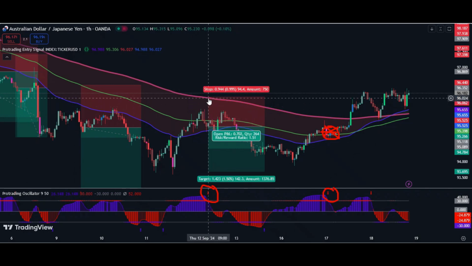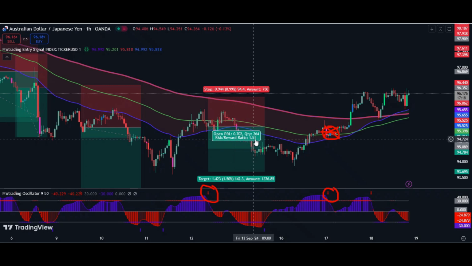Our stop loss is on the next exponential moving average, which is 200 in this case, because the price is between 100 and 50. The target which we have for this is 1 to 1.5.